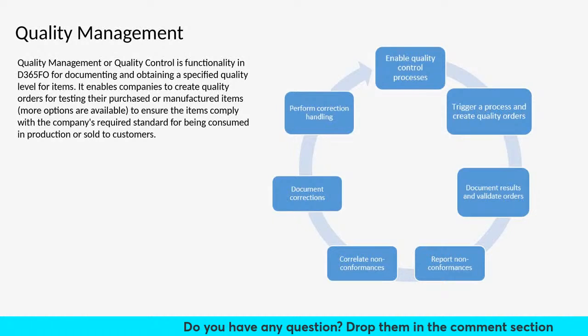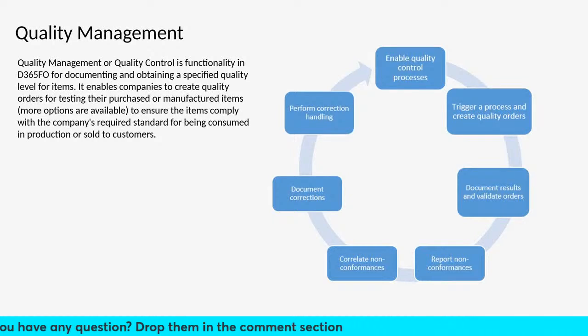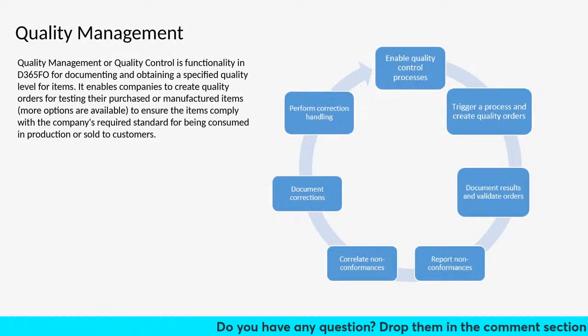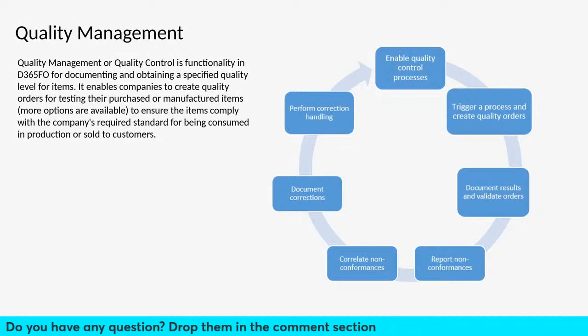A quality order can be generated in different business processes, right? When you have your purchase order, like I mentioned, the item is coming in, you are confirming: is this item supposed to be in this shape? Is this supposed to be in this form? Is this the best quality that we can receive from this particular vendor? We also want to do this when you're selling, right?